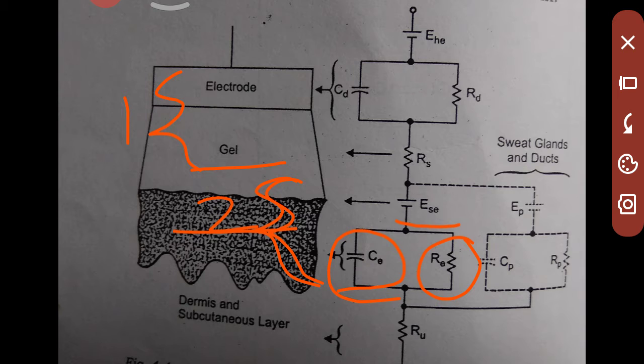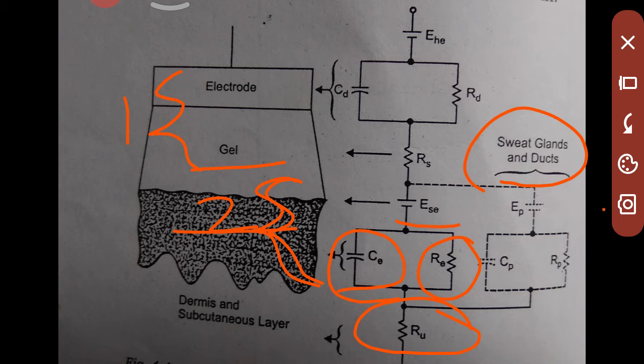The resistance of the internal surface of the body is RU. The remaining resistance, capacitance and half cell potential are for the sweat glands and sweat ducts. Now here EP, CP and RP are mentioned.